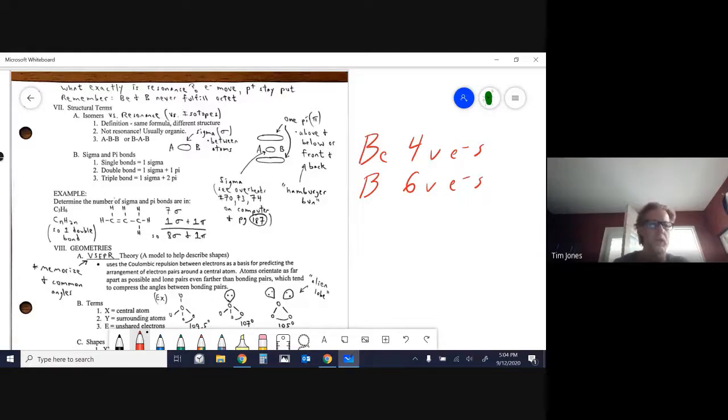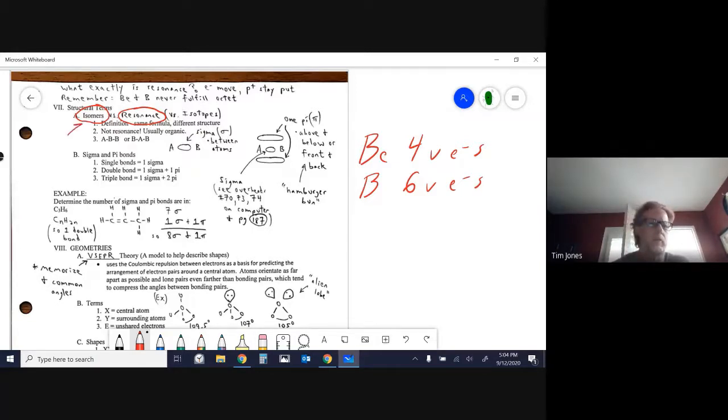Now, some terms that come up: it's possible to get confused between isomers and resonance. Resonance is the same molecule, but we draw it in different ways to help explain it.